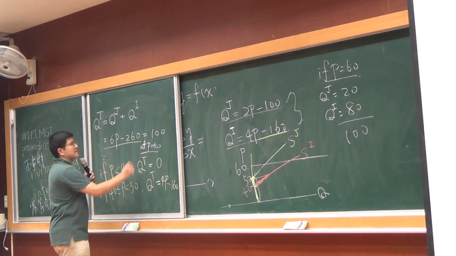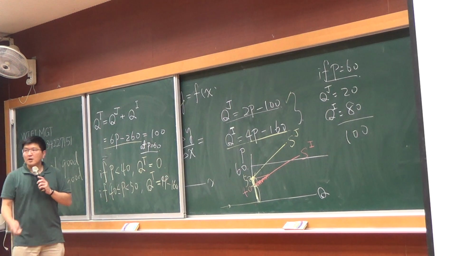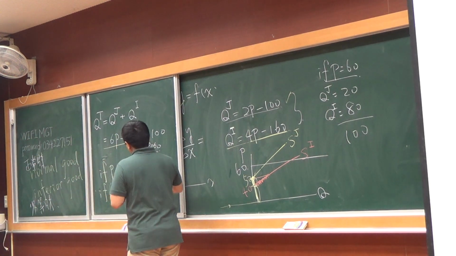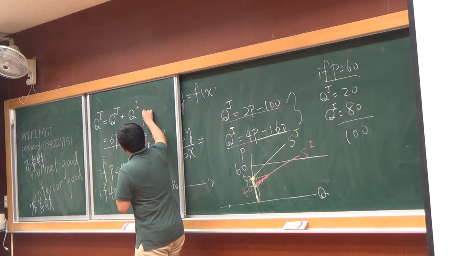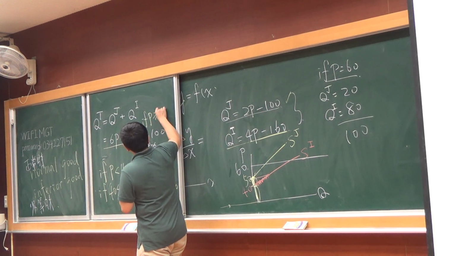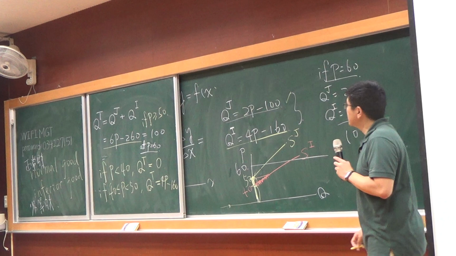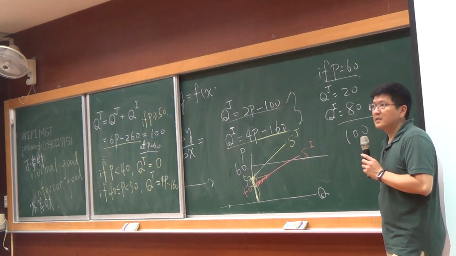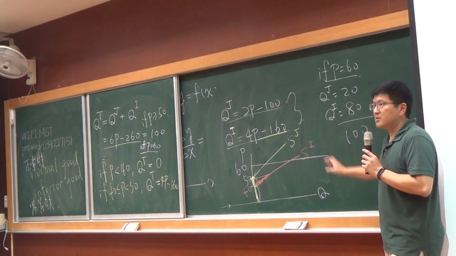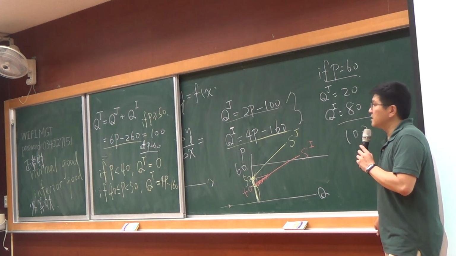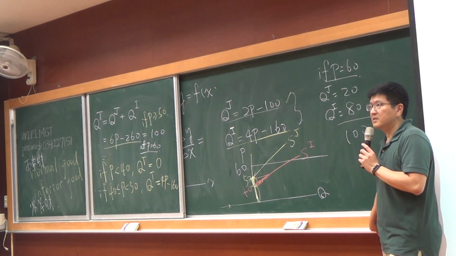And 6P minus 260 only stands for when the price is higher than or equal to 50. Okay, so there are three sections in total. You have to notice this.